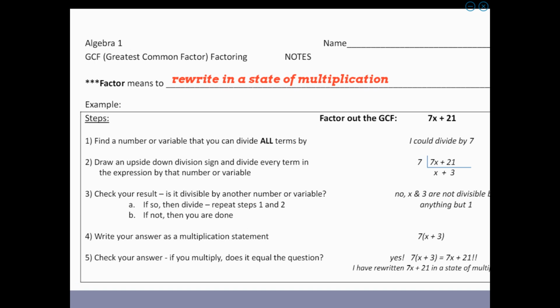So to factor means to rewrite in a state of multiplication.